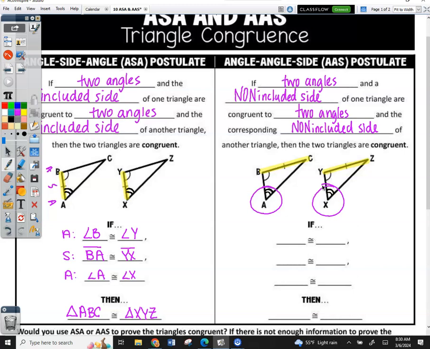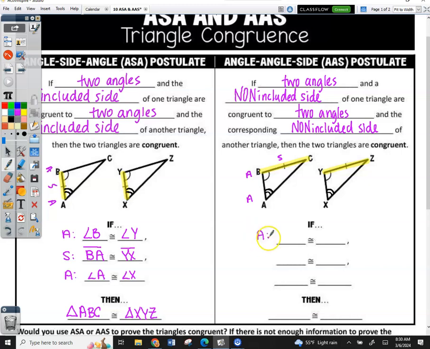Not at all. That's how you know that this is definitely not an ASA problem. Because look at the difference over here. The angles that are congruent are on the edge of the congruent side. Over here, they are not touching at all. So, if I was to read what I have in front of me, this is a congruent side, a congruent angle, a congruent angle. So I've got an angle, angle, side problem here.